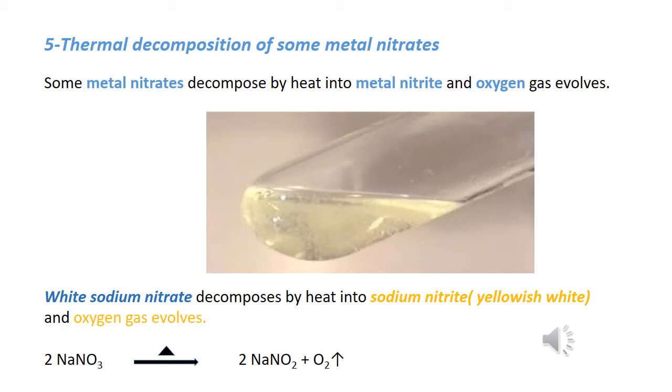Sodium nitrite has a yellowish-white color. So here, the color changes from white to yellowish-white, and oxygen gas evolves. We can test the presence of oxygen by using a burning match, which increases in glow.